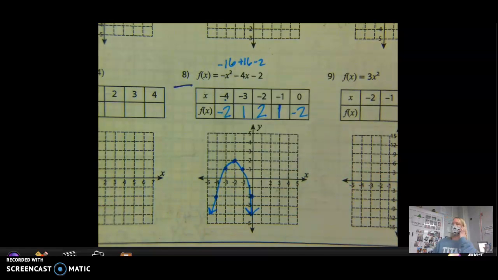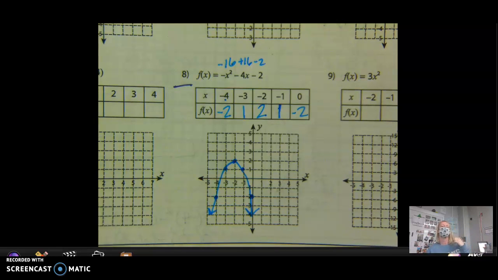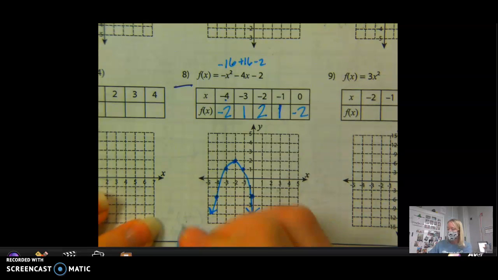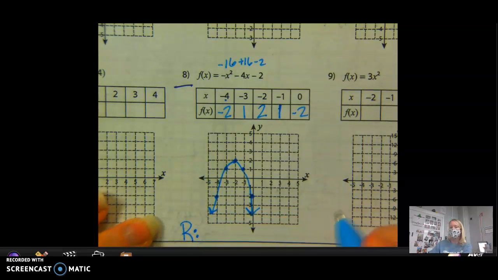Does this one have a max or a min? Max. Okay. Let's talk about our domain and range real quick. What's my domain on this guy? -infinity, positive infinity. How about my range, though? Awesome. -infinity, close. Not to -2, but to 2.